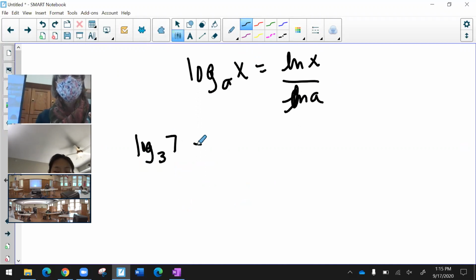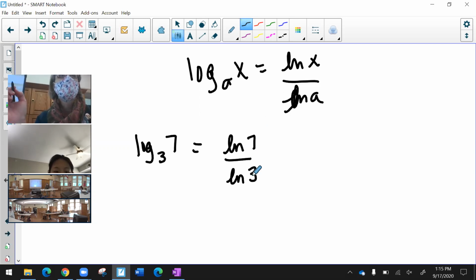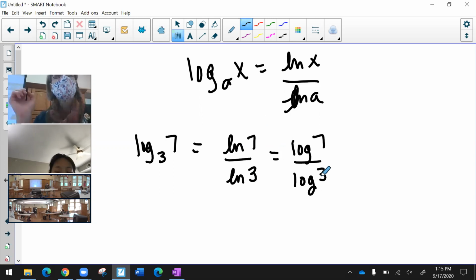Okay, so that means this is going to be natural log of 7 over natural log of 3. And you're saying that this is equivalent to the log of 7 over the log of 3? I was asking, yeah, it does work out.